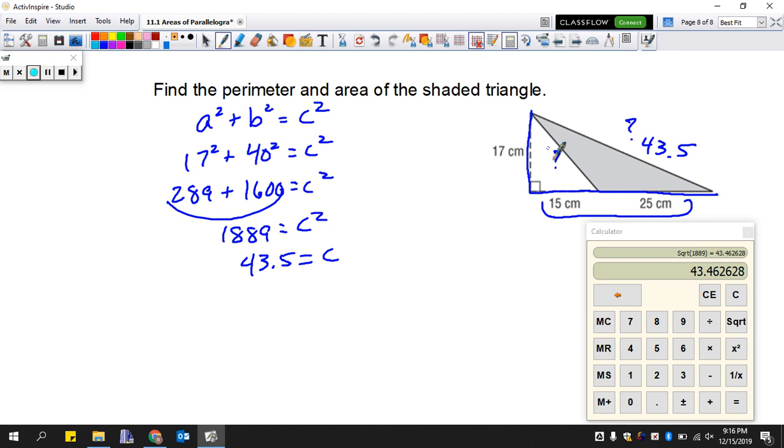Then we're going to do the same thing for this short side here. So we're going to say 17 squared plus 15 squared is equal to c squared. 17 squared again is 289. 15 squared is 225.